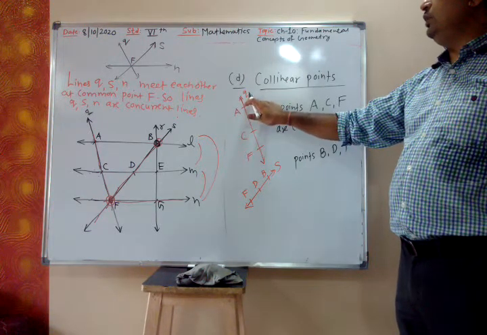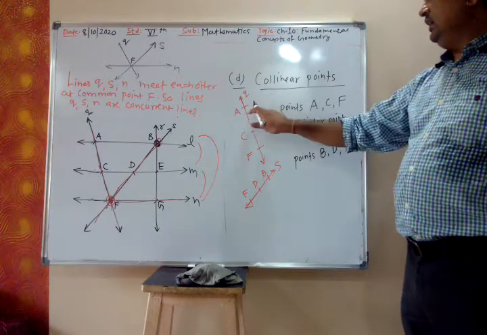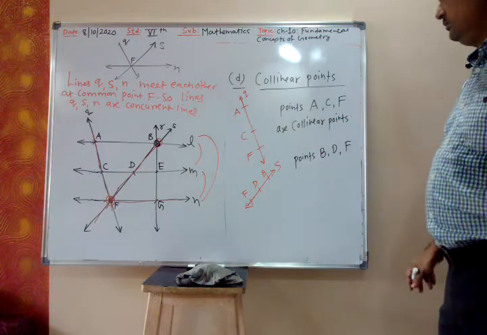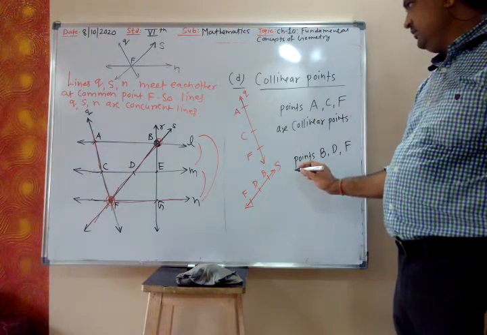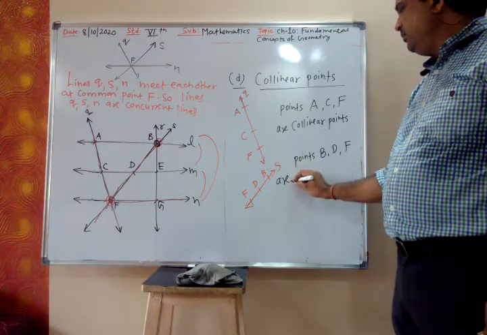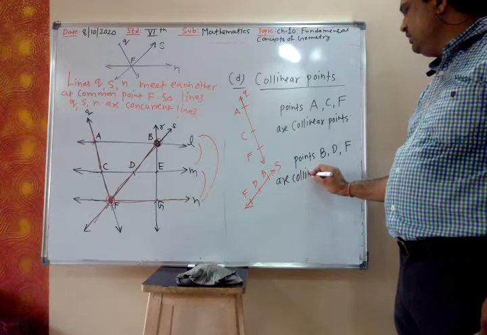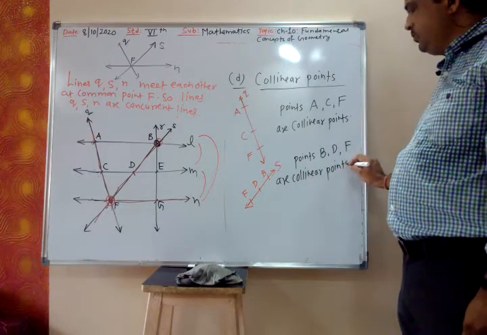This is my line Q with A, C, F, and line S with B, D, F. Points B, D, F are collinear points.